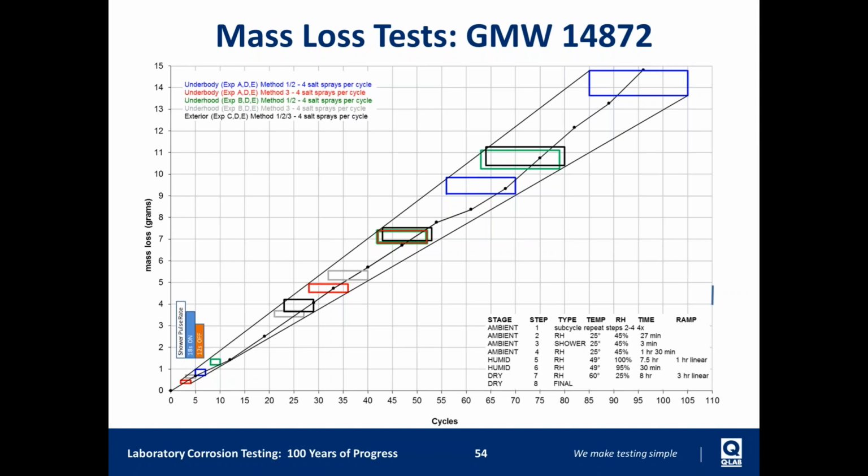So the cycles at the bottom, each cycle is 1 day, and as you can see, if you're running a 90 day cycle, you're looking for a mass loss of about 13 grams on these coupons. To give you an idea, these coupons are 25 by 50 millimeters, so 1 by 2 inch, and at the start of the test, they're usually about 30 grams. So in 90 days, these coupons will lose almost half their weight.